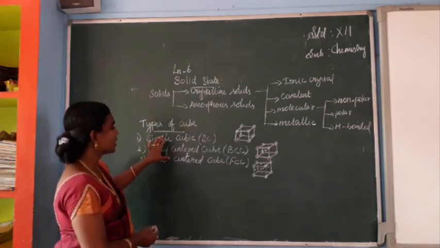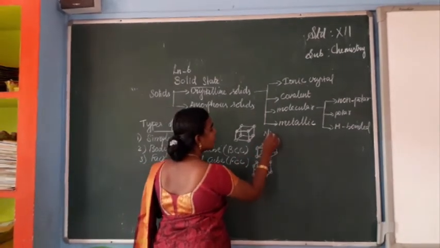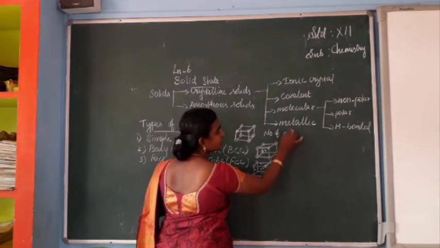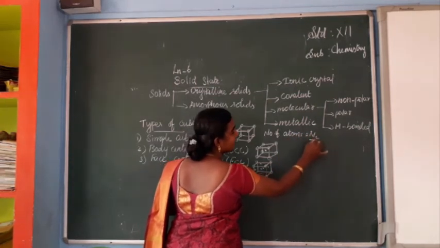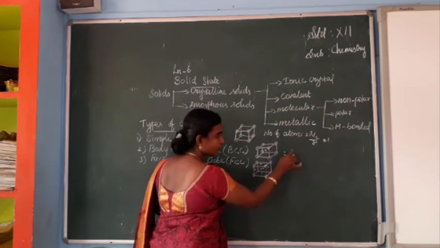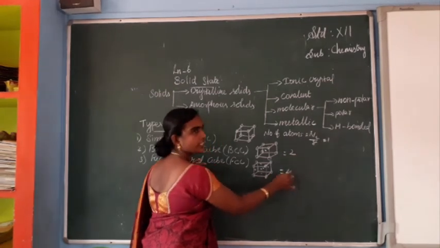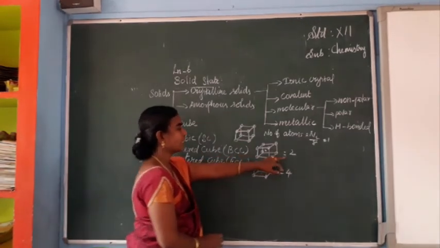So the number of atoms can be calculated like this. Number of atoms is equal to Nc by 8, equal to 1. Here the total number of atoms is 2. Here the total number of atoms is 4. How can we calculate this number of atoms, 2?